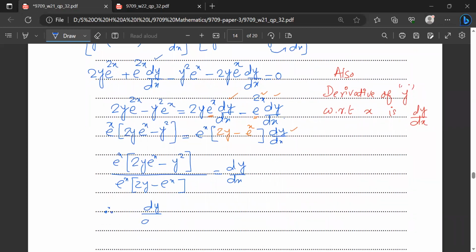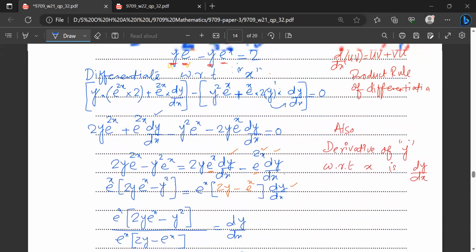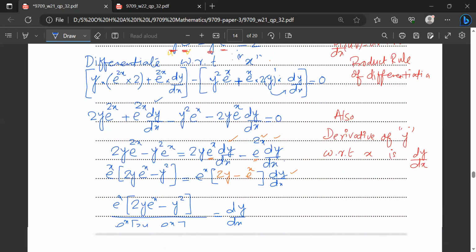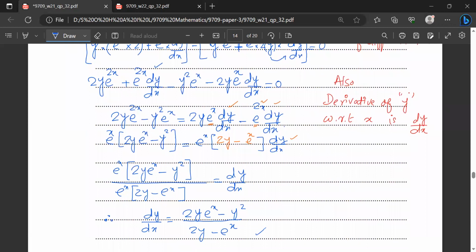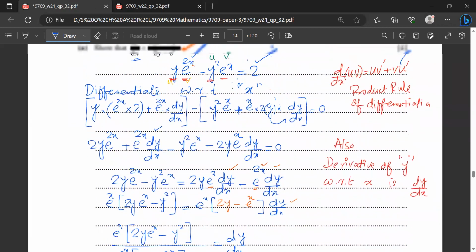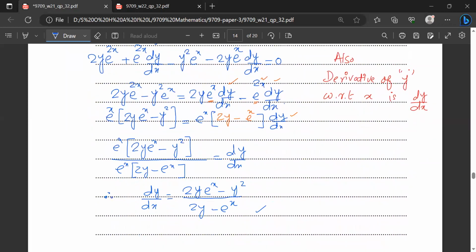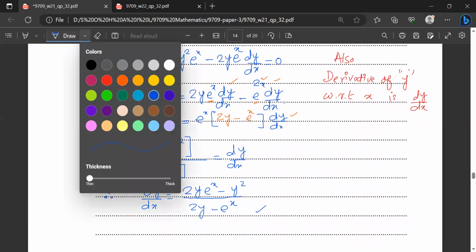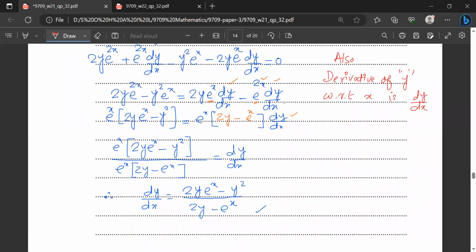This implies dy by dx is equal to 2y e raised to the power x minus y square over 2y minus e to power x. Match the result. Denominator is 2y minus e raised to the power x, numerator is 2y e power x minus y square, and yes, this is the required result. This is dy by dx.